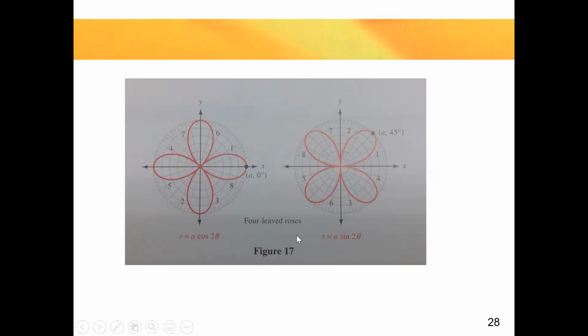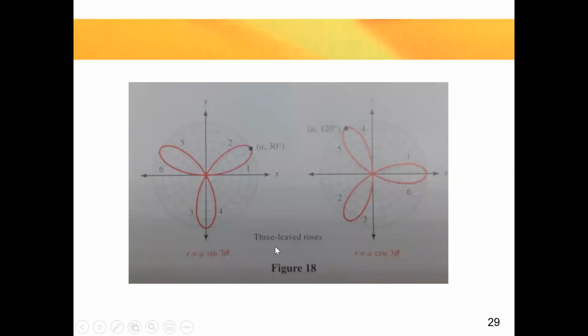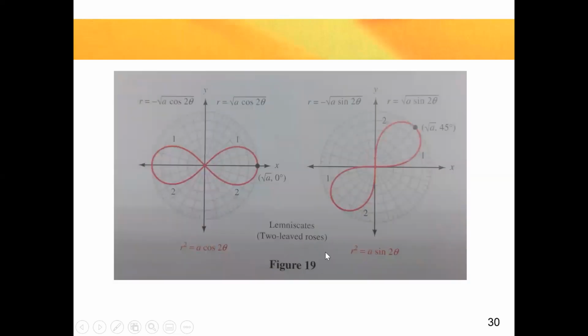Yeah, this is called a rose that goes like that. And again, this is to model nature, right? This is kind of what this is for. Model trajectories to the moon. This is to model anything that goes circular in nature. All right, this one right here, the 3-leaf rose. That's cool. We have these guys.